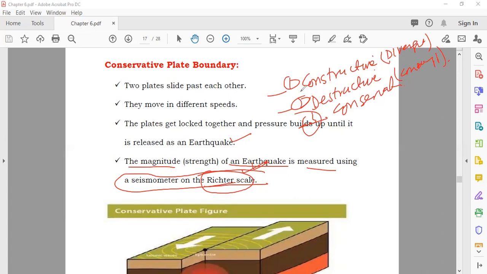Once again, what is constructive? The plates move away from each other. That's known as constructive. Destructive means plates come over each other. Number 3, they slide past each other. So these are the 3 types of boundaries.